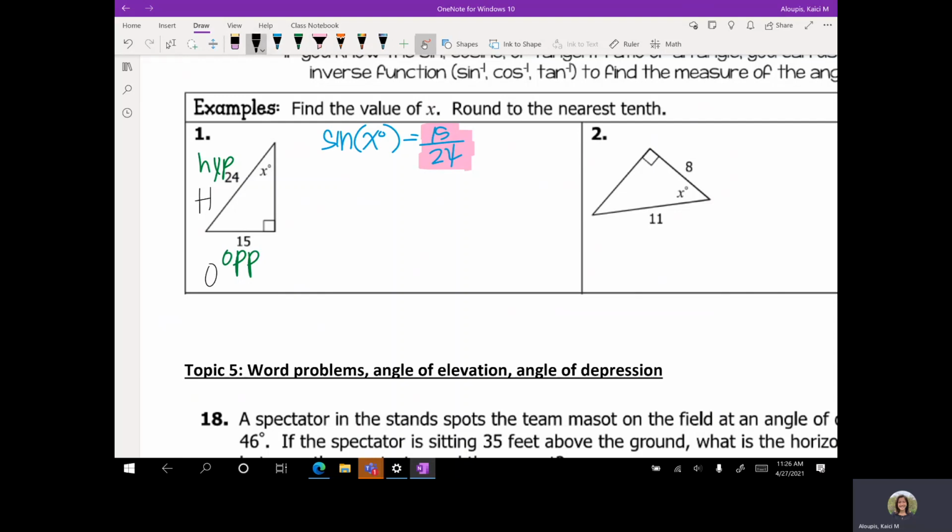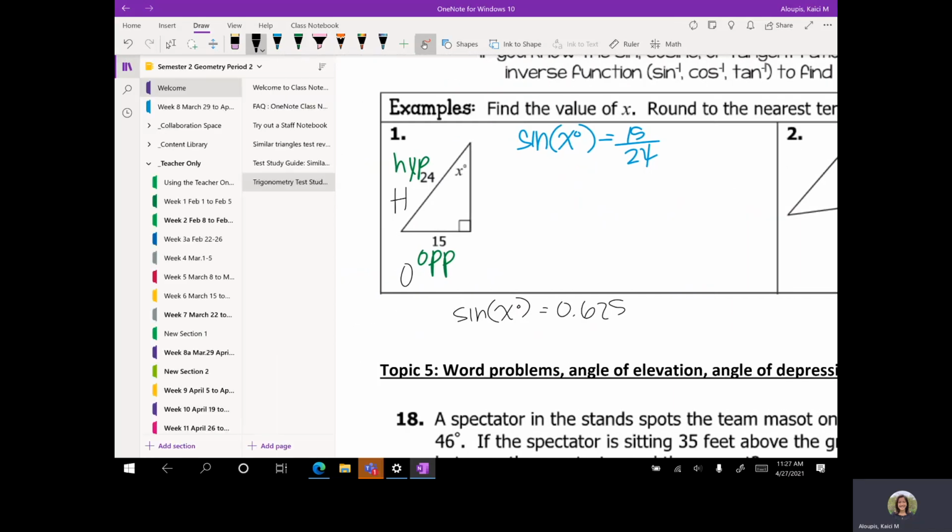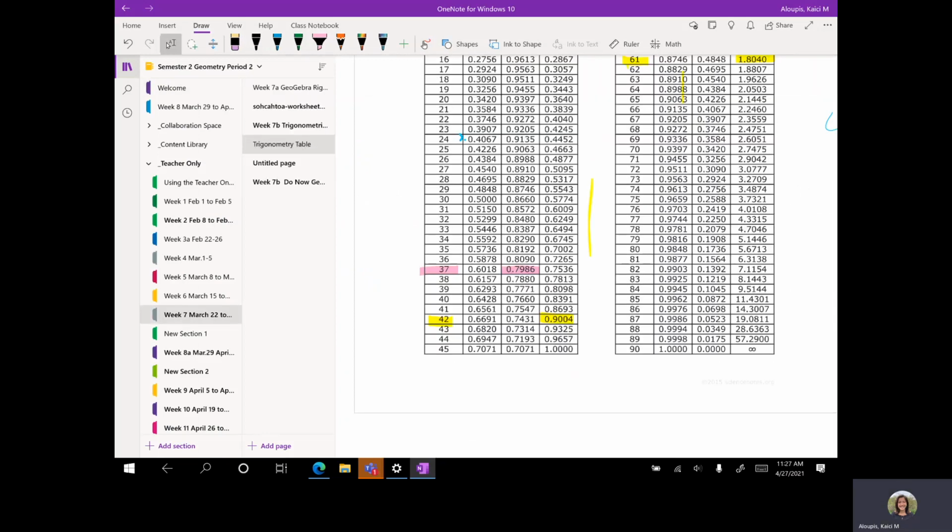Actually, sorry, I'm going to write this more clearly. It'll be sine of x is equal to 0.625. So I go to my trig table, that's in week 7.